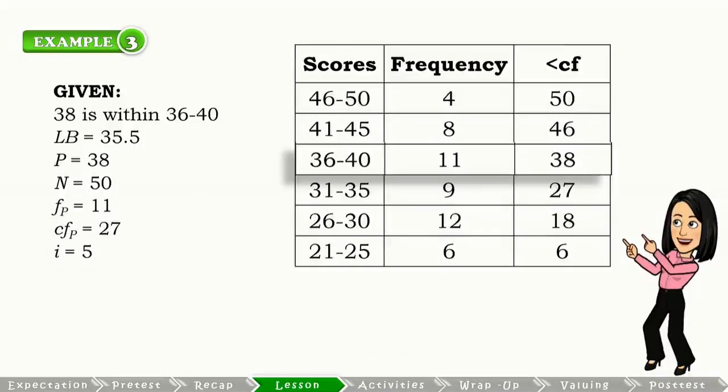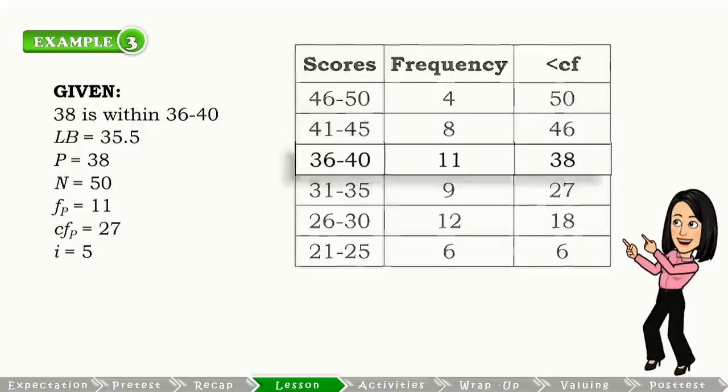The raw score for which we want to find a percentile rank is 38. The total number of scores is 50. The frequency of the percentile class is 11. The cumulative frequency of all the values below the critical value is 27, and the size of the class interval is 5.